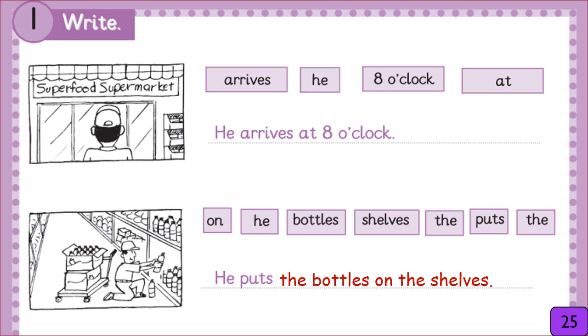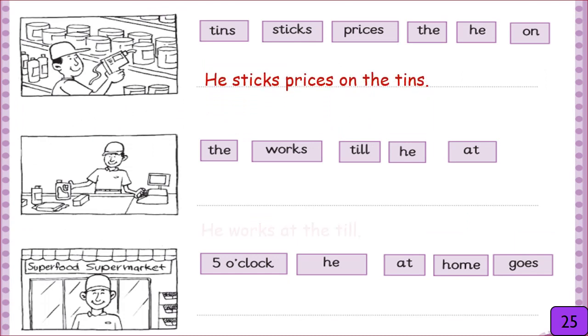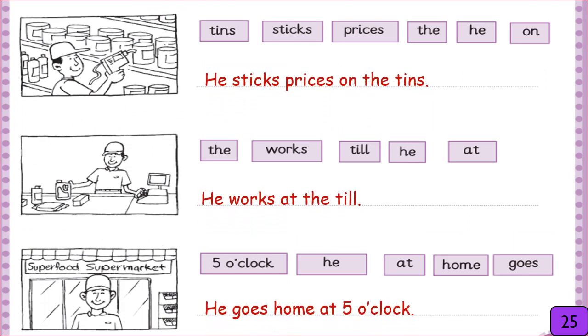Picture number 2. On he bottles shelves the puts. It means we are going to start with the subject pronoun. He puts the bottles on the shelves. Picture 3: tins stacks prices that he on means he stacks prices on the tins.